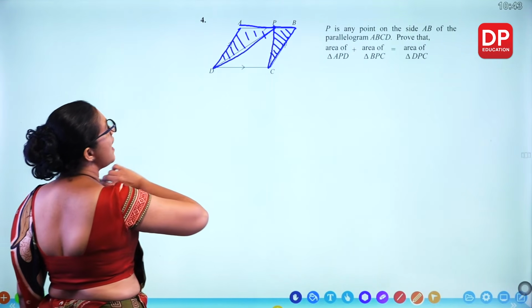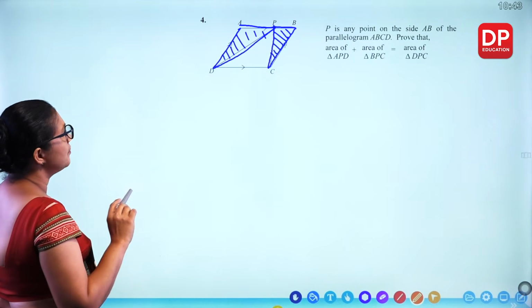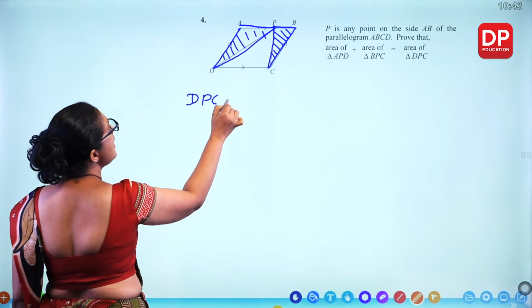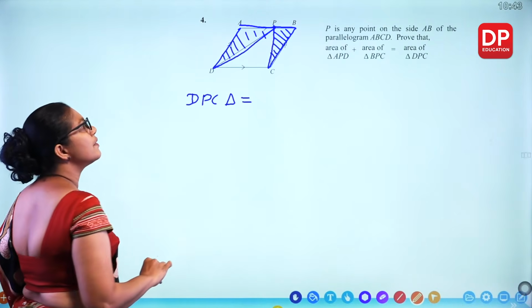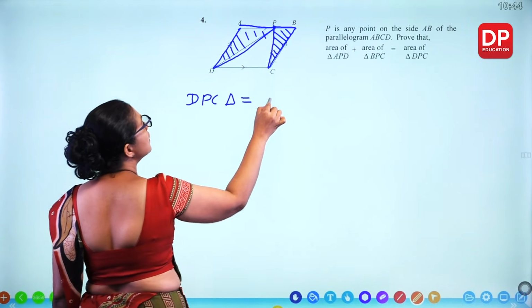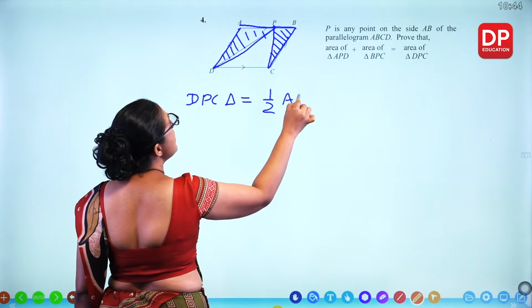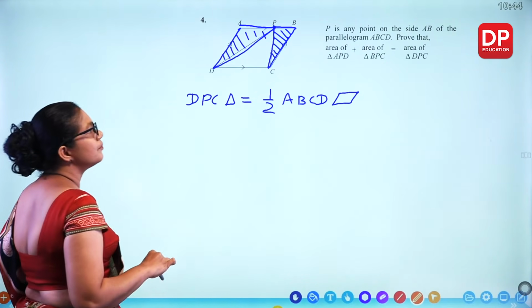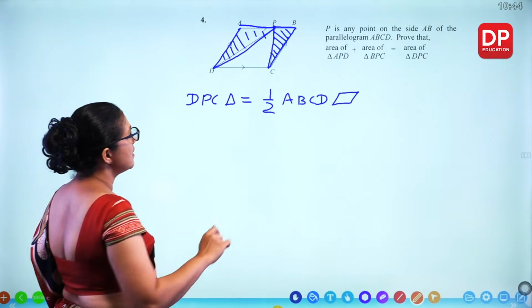When you look at the diagram, I can write down DPC area is half of ABCD parallelogram. What's the reason?